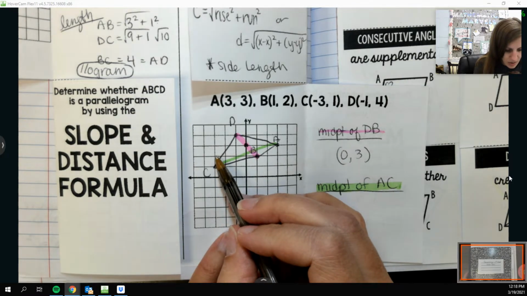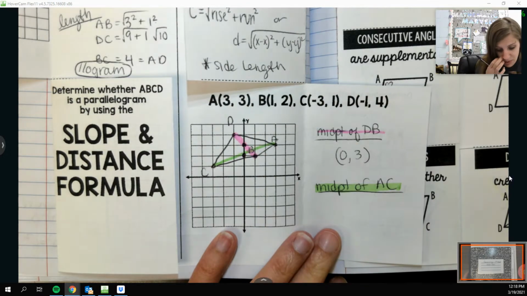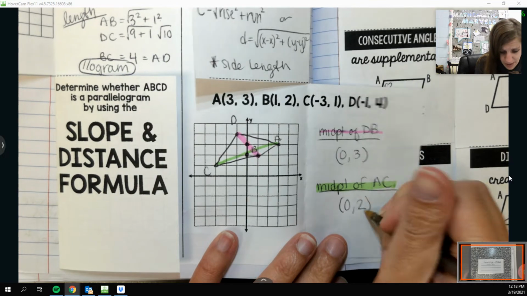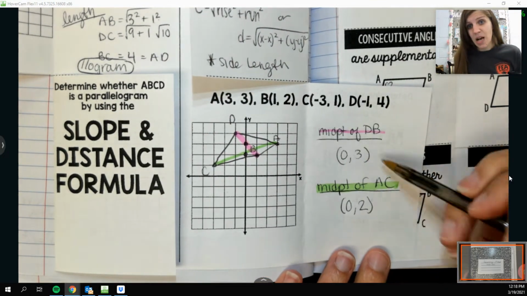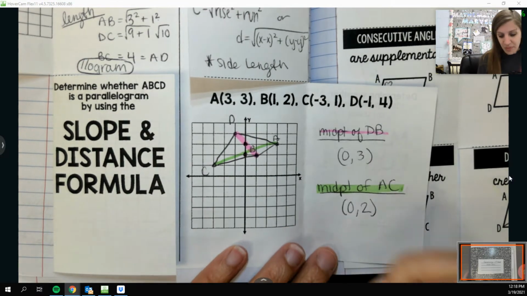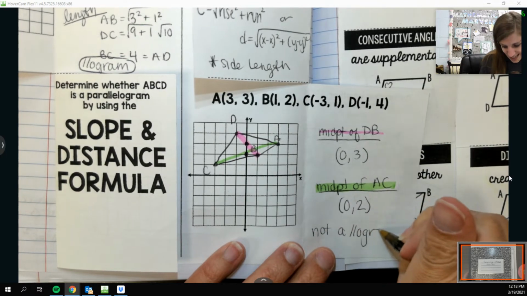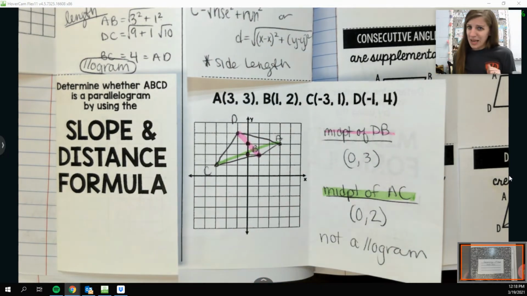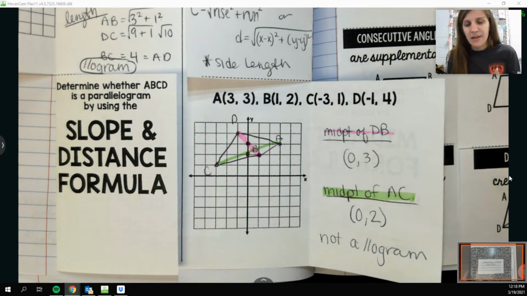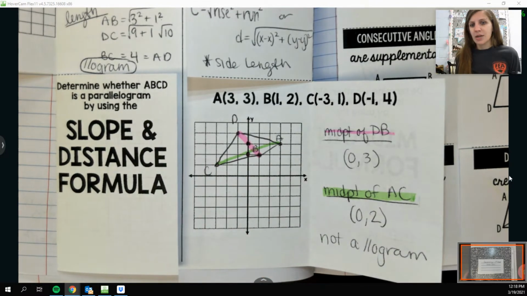So up 1 over 3, which even though my line was poorly drawn, that is where my midpoint is, which is at 0, 2. So since these do not coincide, since they are not the same midpoint, that means that this is not a parallelogram, which I feel like I kind of knew by the picture, but it's always important to back stuff up with math. So now I have a backup because their midpoints don't match, not a parallelogram.